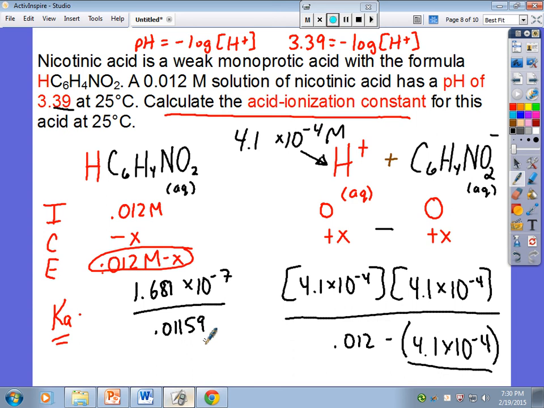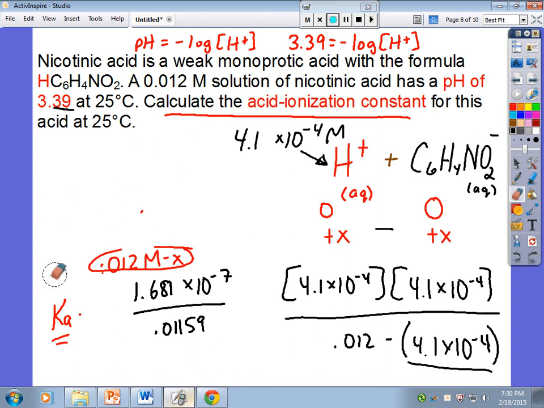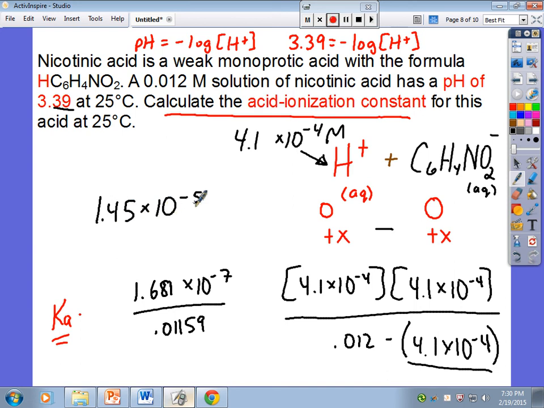And that gives me a Ka, because that's what I'm trying to find, of 1.45 times 10 to the minus 5.